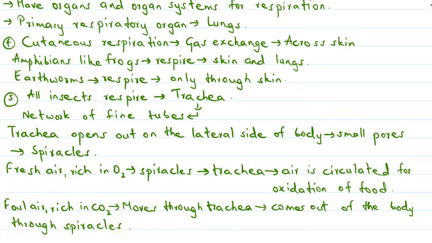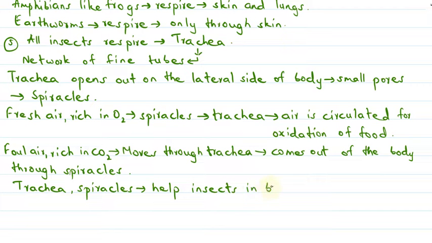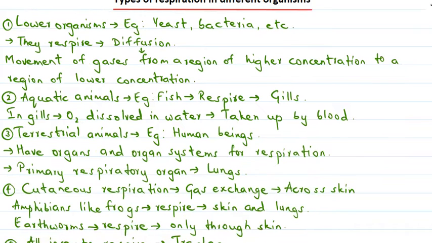So here we can say that in case of insects, the trachea and the spiracles help insects in breathing, that is, they help in exchanging the respiratory gases. So now let's revise the things that we have studied today.